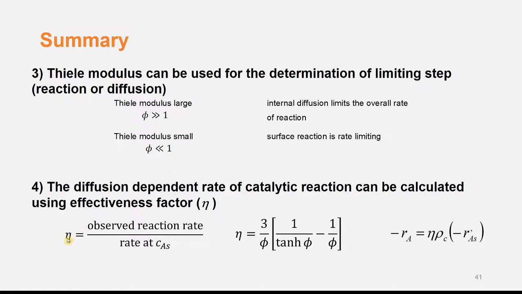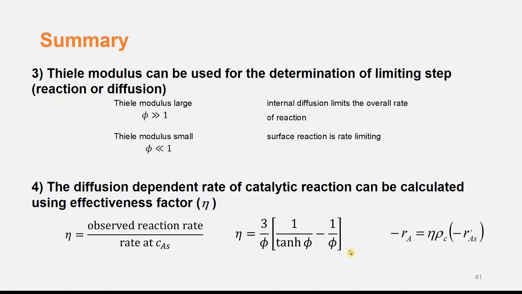The effectiveness factor eta is defined as the observed reaction rate divided by the rate at the surface concentration. That is, if there were no diffusion limitation. For a spherical particle with a first-order reaction, we showed that the effectiveness factor depends on the Thiele modulus in this way.